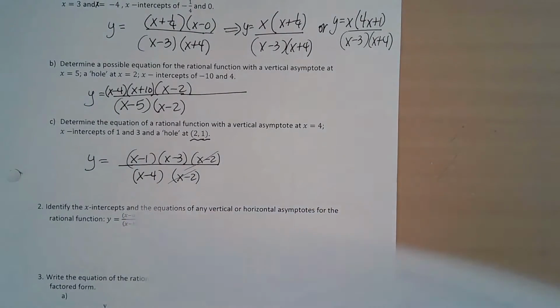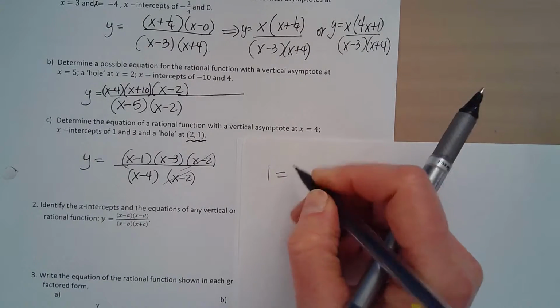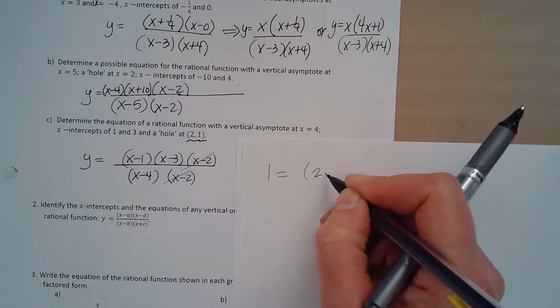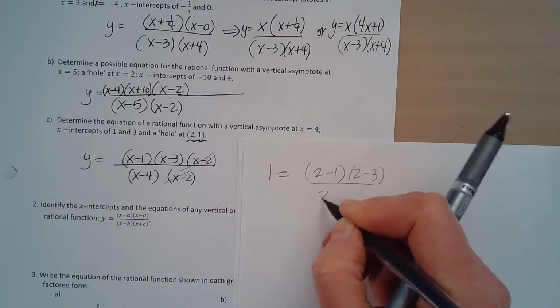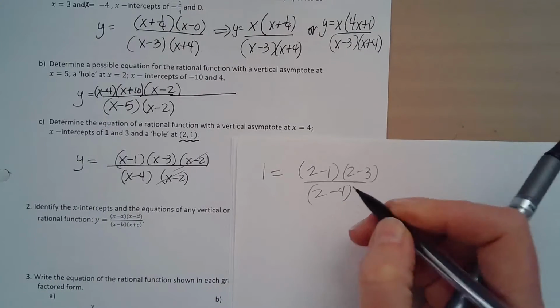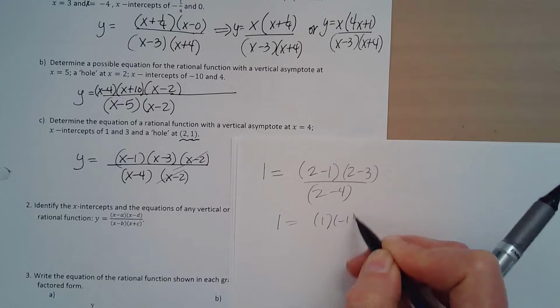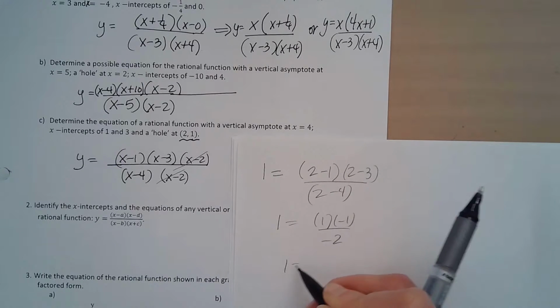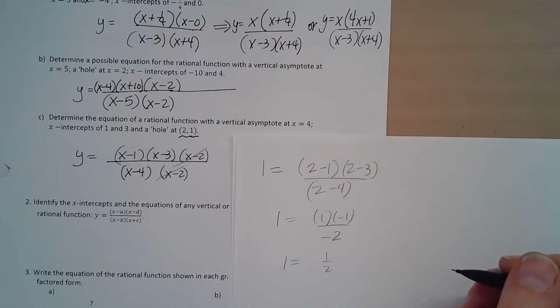So if I put a 2 in here, let's see, if I put a 1 in where y is, and then I have 2 minus 1, 2 minus 3, 2 minus 4, that should all work, right? So let's see if this works. I get a 1, a negative 1, and a negative 2. Something's wrong here. Why doesn't this work?